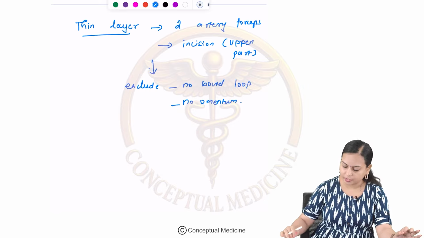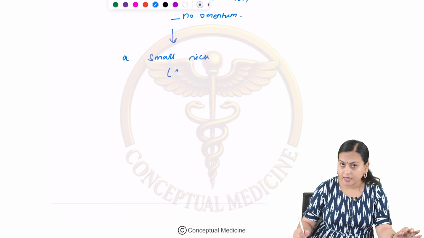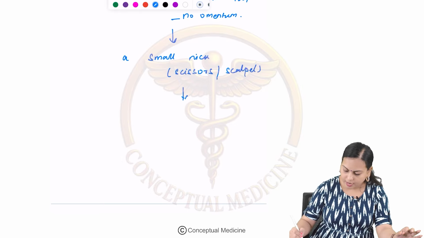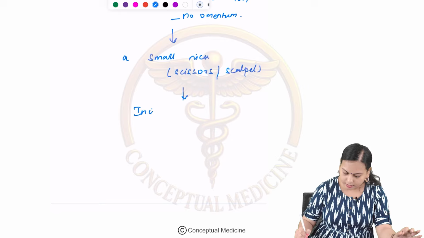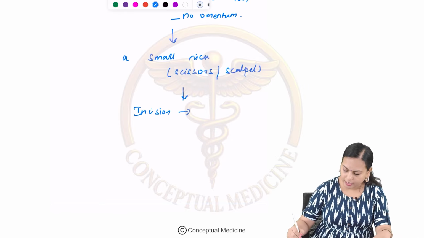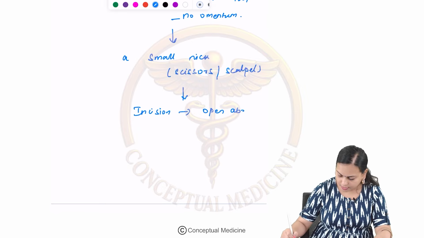This is very important. After this, a small nick is made by scissors or scalpel, and then the incision will be extended through the scissors and the abdomen will be opened.